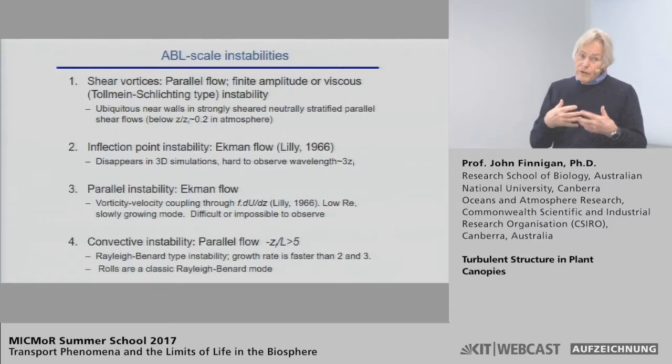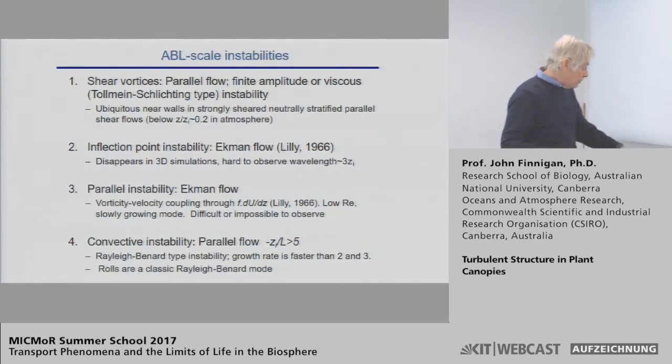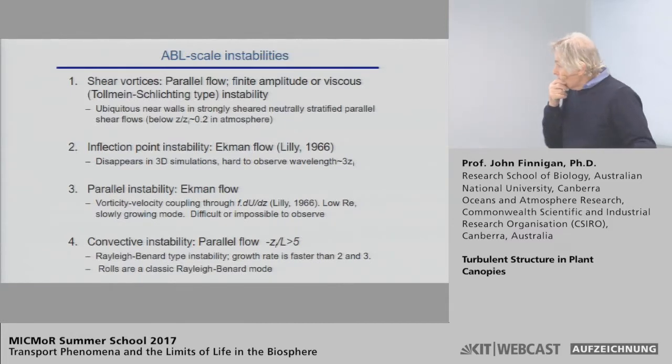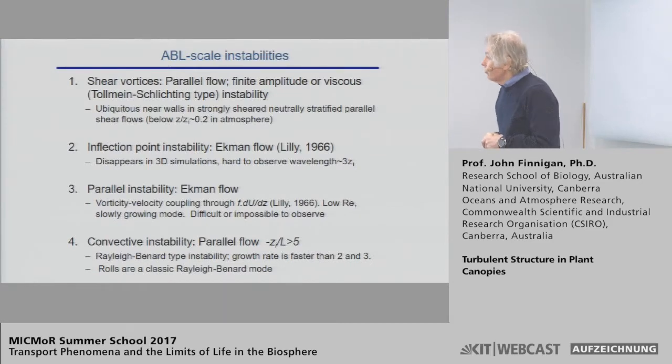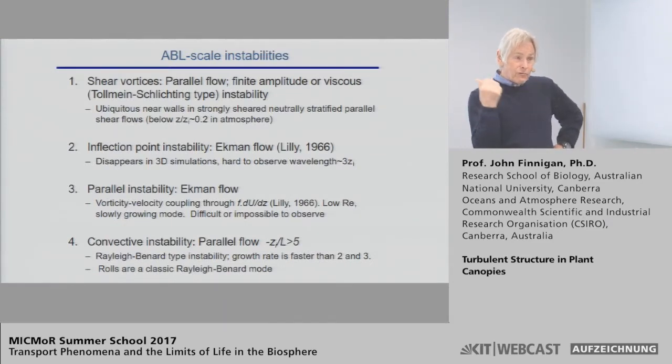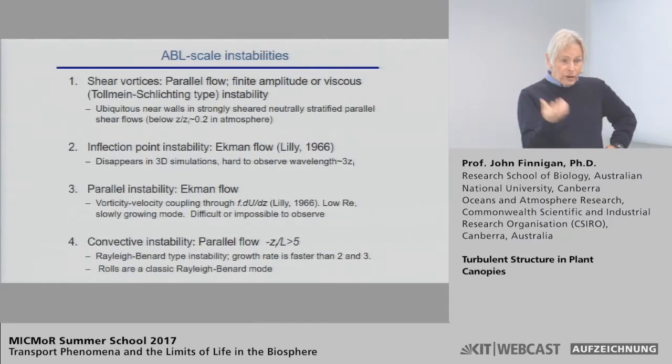So as we go through that changing Zi upon L parameter in the boundary layer, there are a series of instabilities which might be responsible for the rolls and then the cells. So when the flow is nearly neutral and you get strong shear, remember I've told you a couple of times now that you don't get turbulence unless there's some viscosity.